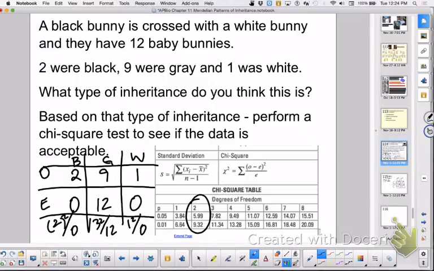That one was an incomplete dominance one, where you had 3 different phenotypes. But if I did tall versus short, you would have 2 different phenotypes.